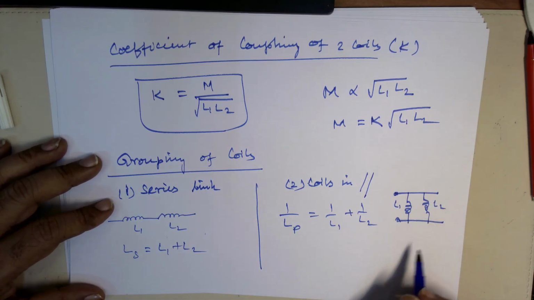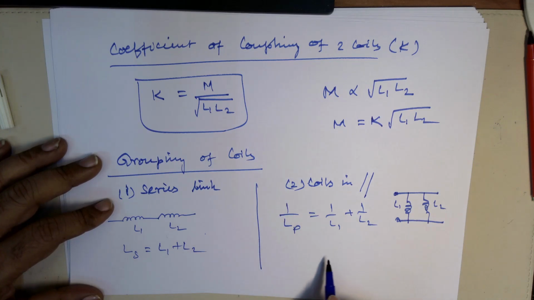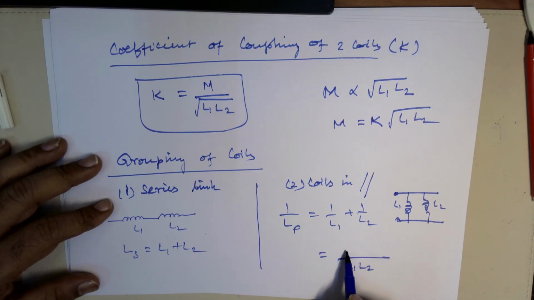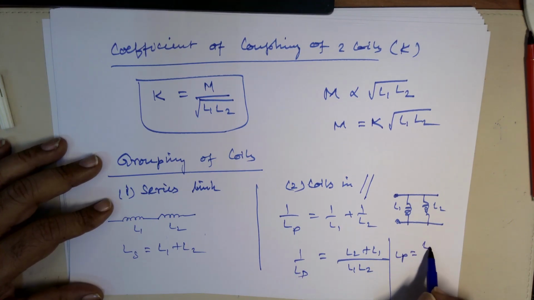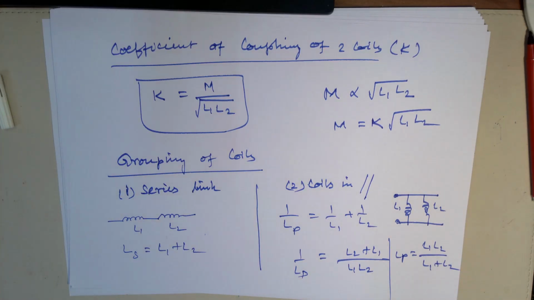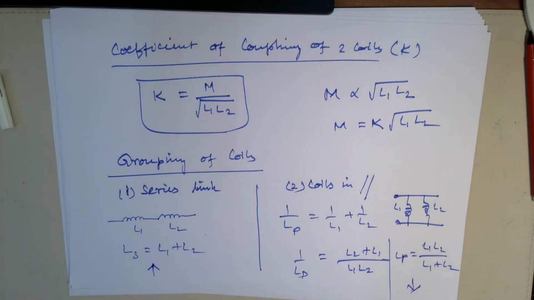So 1 by LP is equal to 1 by L1 plus 1 by L2. Taking the LCM L1 L2, that is L2 plus L1 over L1 L2. So LP is equal to L1 L2 divided by L1 plus L2. So the combined self-inductance in the case of parallel is minimum, whereas in series it is maximum, it increases.